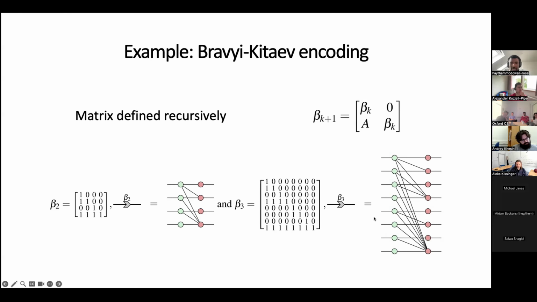The special thing about this is that while the Jordan-Wigner operator has these trails of preceding Zs, which can be as long as n, where n is the number of qubits, the Bravyi-Kitaev encoding produces operators of weight log n, where n is the number of qubits.